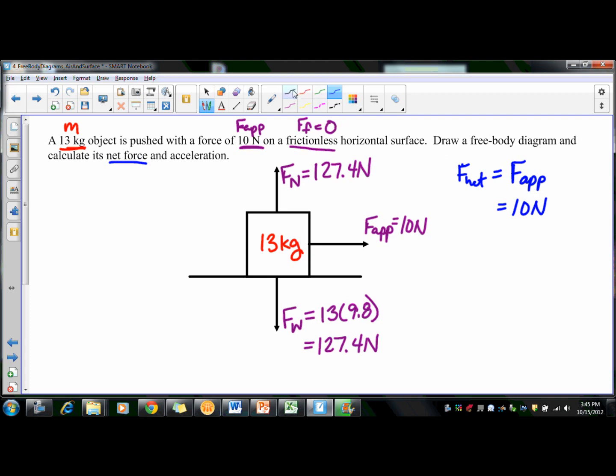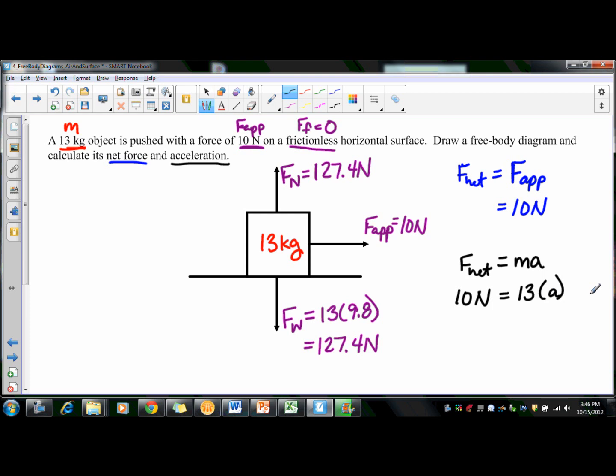From there, we find our acceleration using our F net equation. So F net equals ma. We have a net force of 10 newtons. We have a mass of 13 kilograms. And we're looking for a.